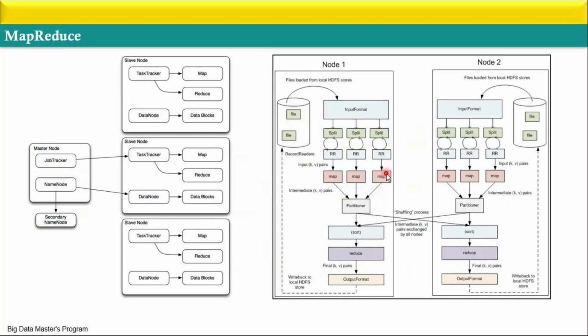Ashok asks whether the mapper and reducer lie on one node only. That is not the case.